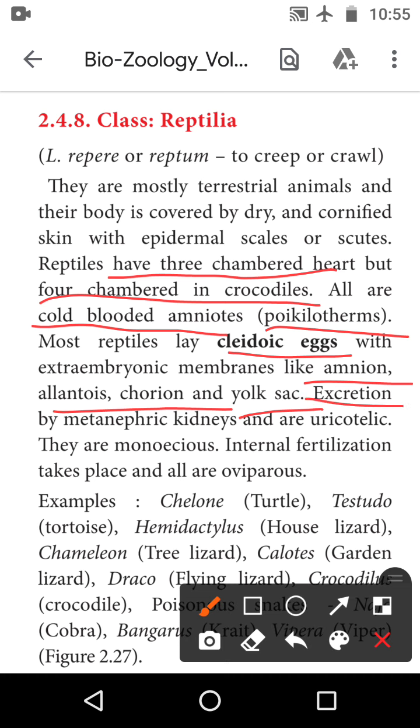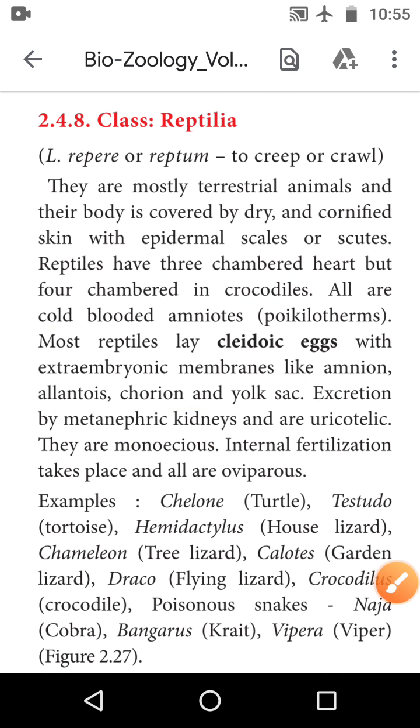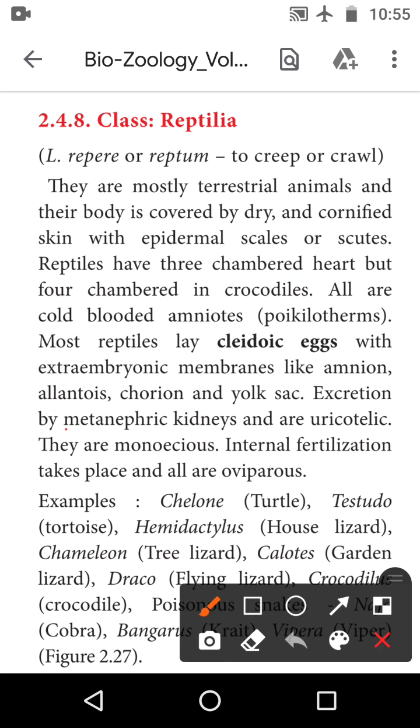Then excretion. What is the type of excretory organ? It is the metanephric kidney, and reptiles are uricotelic animals. What is meant by uricotelic?